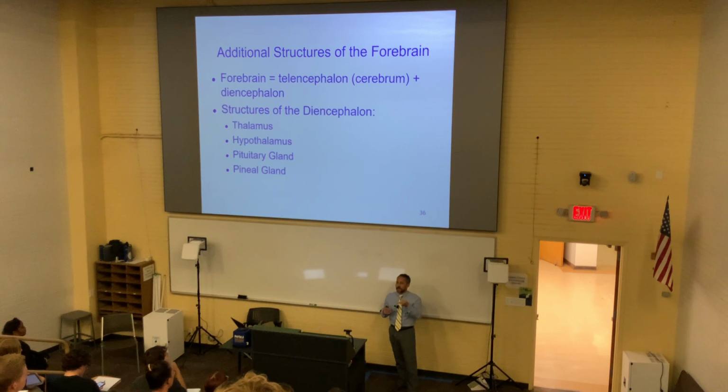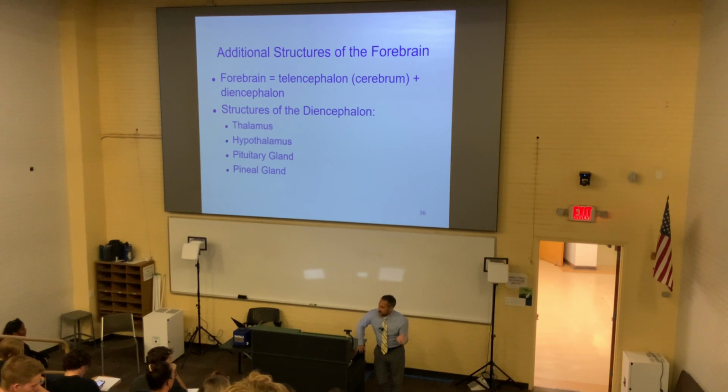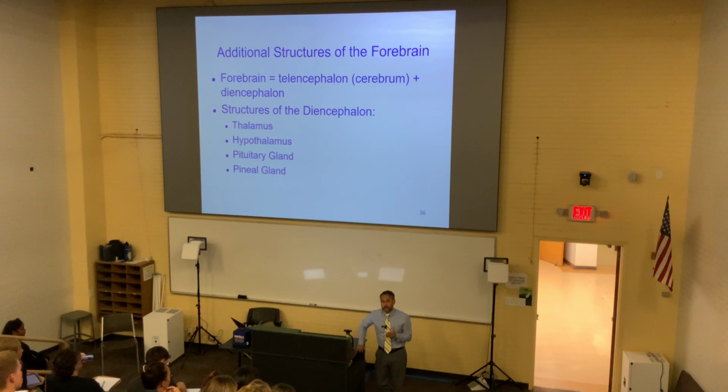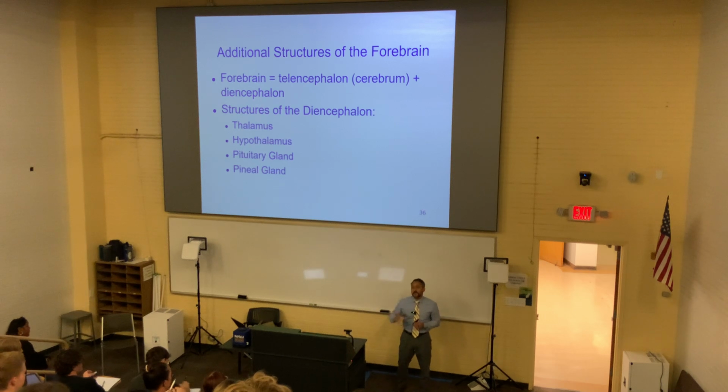Information going out also decussates at the medulla and goes to the opposite side. I've already started writing the exam questions. If a patient has a stroke in the left premotor cortex, they may have loss of function on which side of the body? The right side, because of this crossing over.